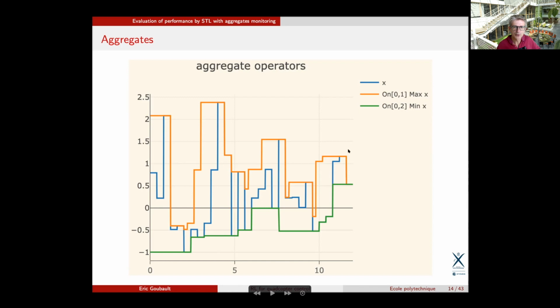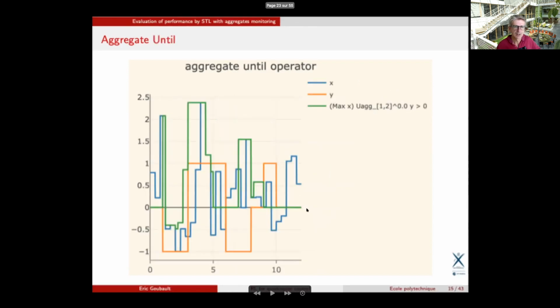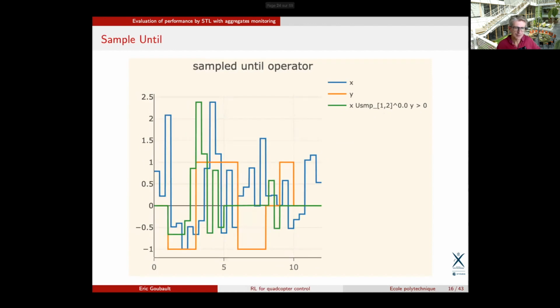And the minimum on the 2 seconds in the future is going to be the green signal here. So you can see other aggregates here, like this until operator. So you measure when y becomes positive, you measure the maximum of x within a future period of 1 and 2 seconds. Okay, this is a last example of a sample until operator.